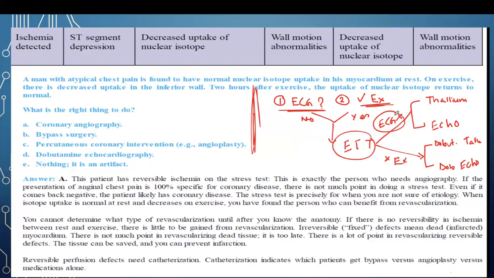Let's say the ECG is abnormal, not like ST depression, but some other abnormality. In that case, you can't do a stress test. You have to do either a thallium scan or an echocardiogram. What if the patient can't exercise? In that case, you have to do the chemical ones. Okay.